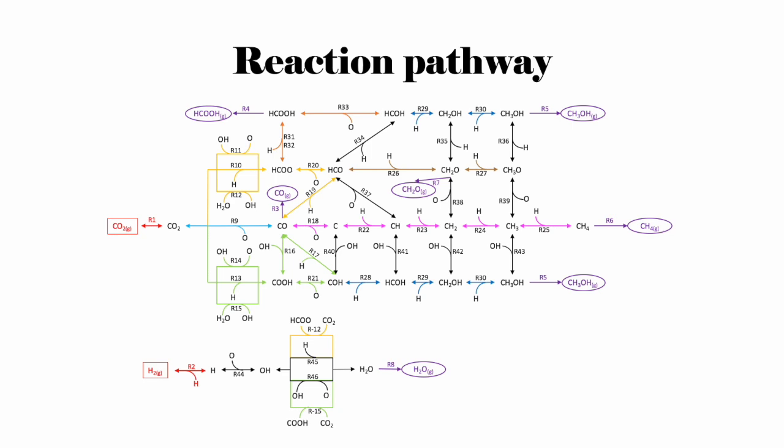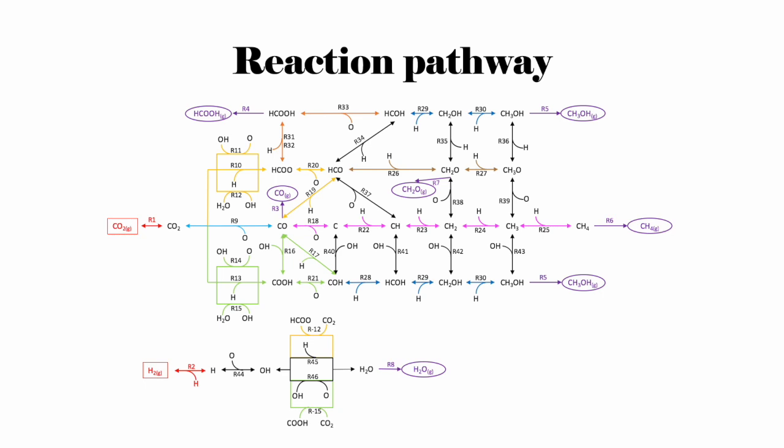Now that we've established our catalyst, we present the reaction pathway that we computed for the CO2 hydrogenation. In red, we can see the reactants, CO2 gas and hydrogen gas, and in purple the different products in gas form that we presented before, and also water, which is also an important gas that will be expelled in our reactions.